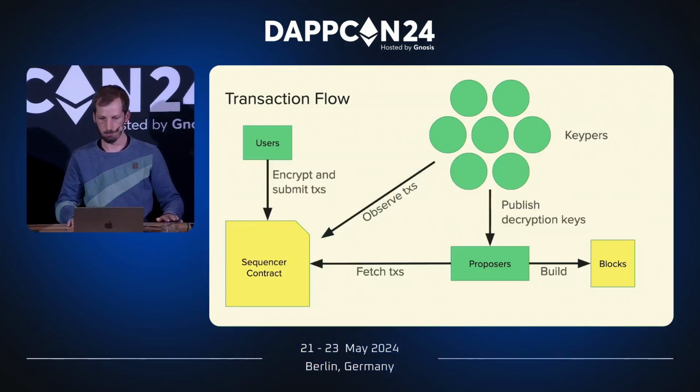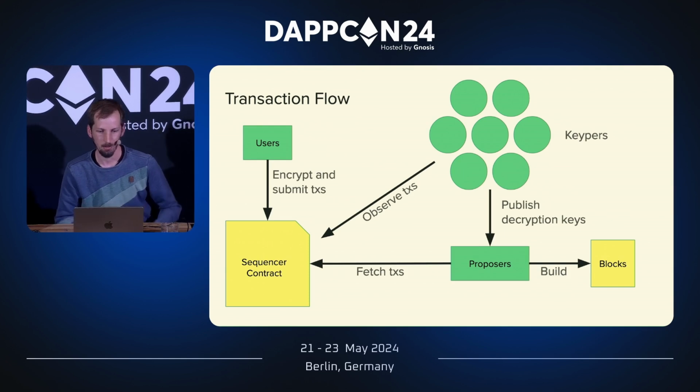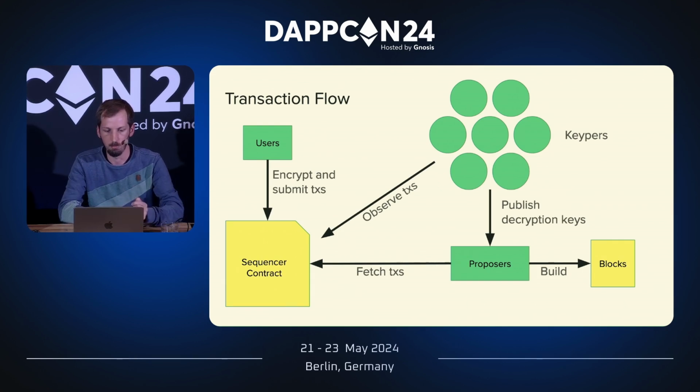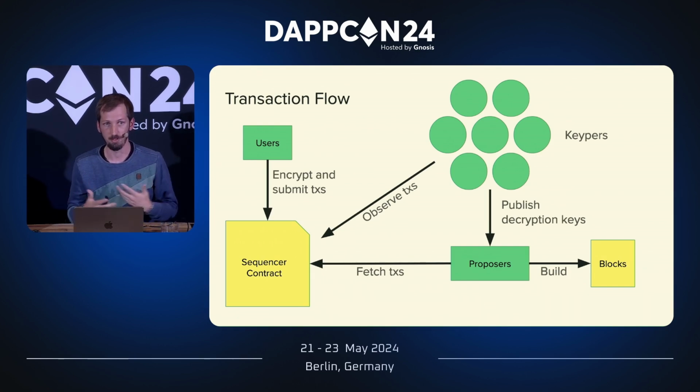Yeah, so now we had the main management components. Now we can see what happens when we actually send a transaction. Users, as I said earlier, encrypt their transaction by fetching the key from the Eon key contract. And then they submit it to the so-called sequencer contract. It's called the sequencer contract because this contract basically does the ordering.